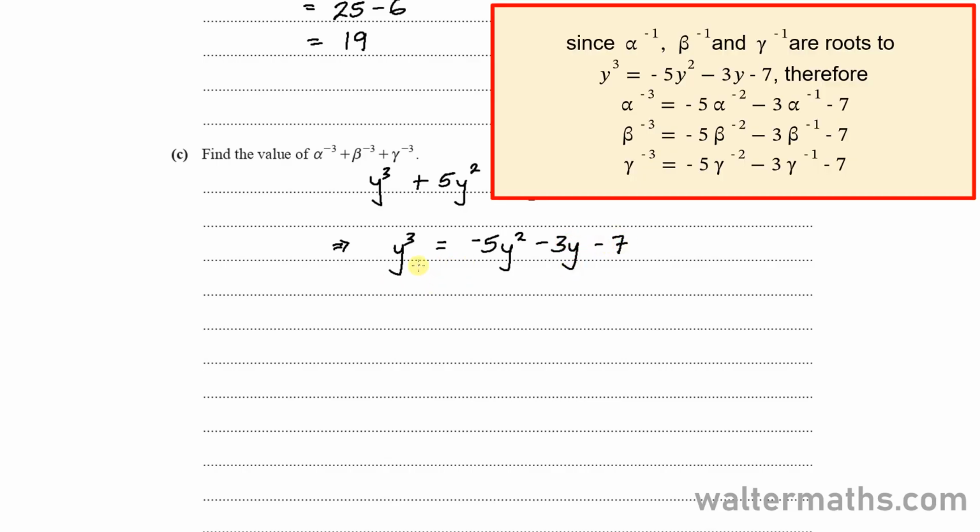So here, since alpha to the power minus 1 and beta to the power minus 1 and gamma to the power minus 1 are roots to this cubic polynomial equation, if we add up the three, we'll be having this recurrence relation.